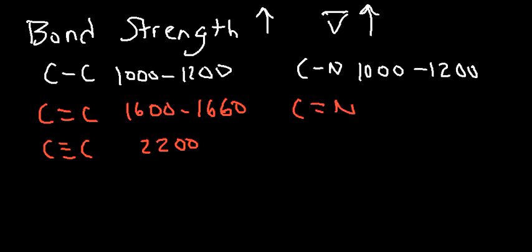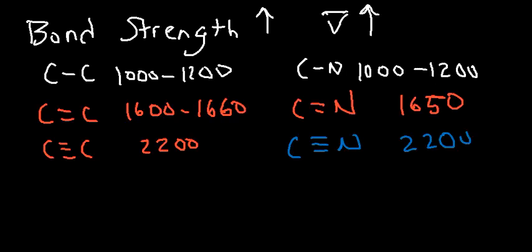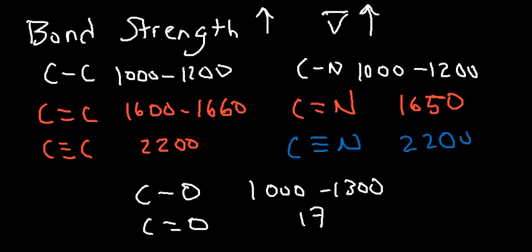A carbon double bonded to a nitrogen is around 1650. And a carbon triple bonded to a nitrogen, a nitrile, is around 2200. A carbon bonded to a single bonded oxygen can be anywhere from 1000, I've seen as high up to 1300. And a carbon double bonded to an oxygen is around 1700.